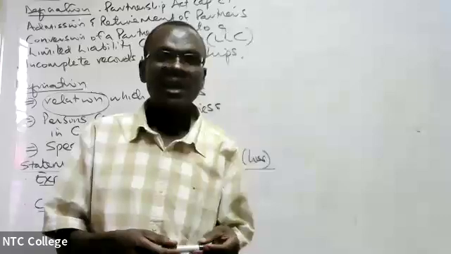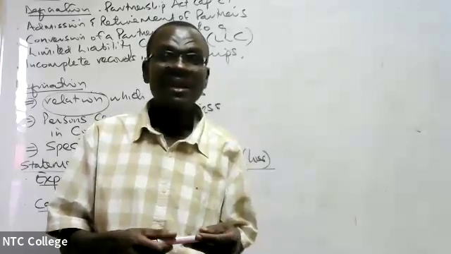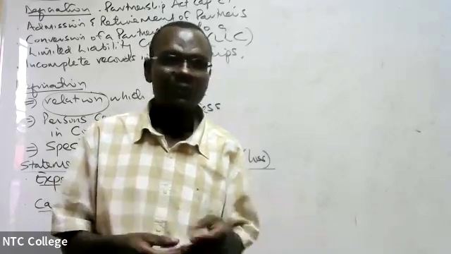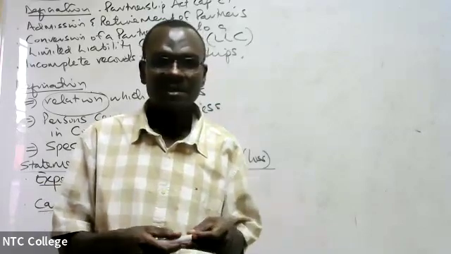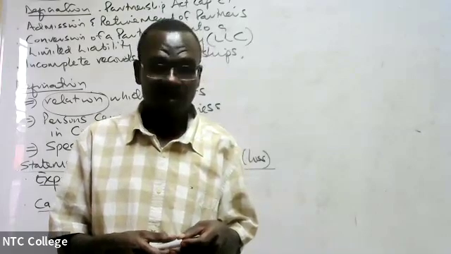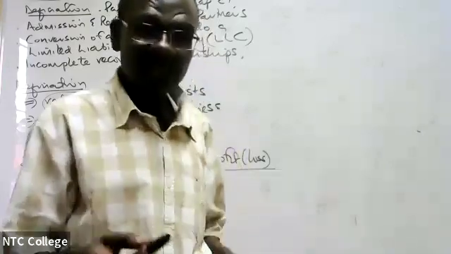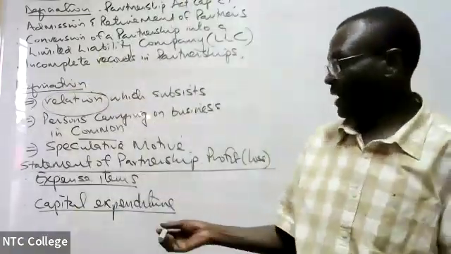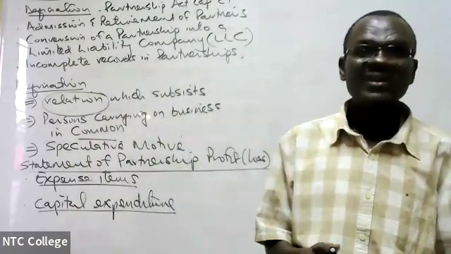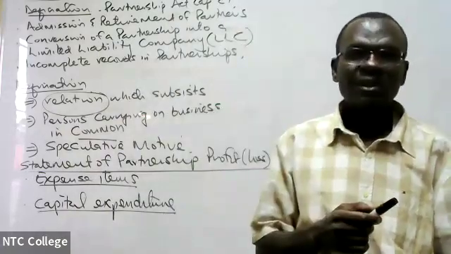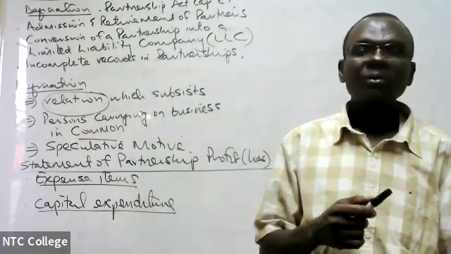The business may also have acquired partitions, or furniture and fittings, or stuff like that. Again, if capital expenditures have been charged in the income statement, they must be adjusted. So what is the adjustment? Add back all capital expenditures to the reported profit.